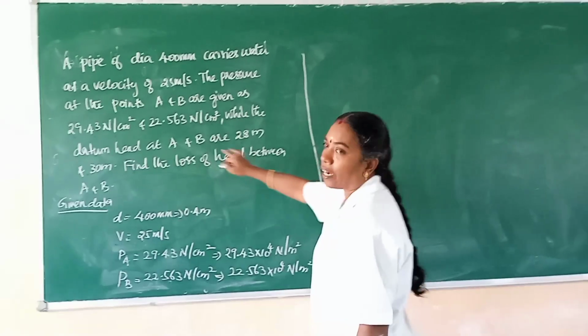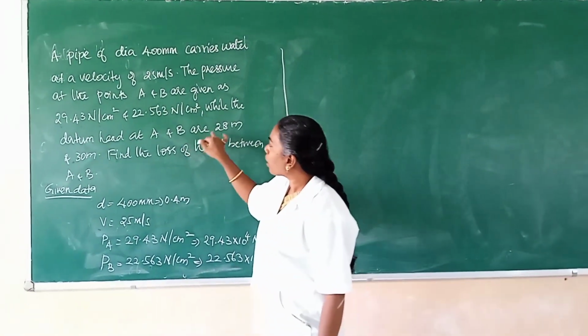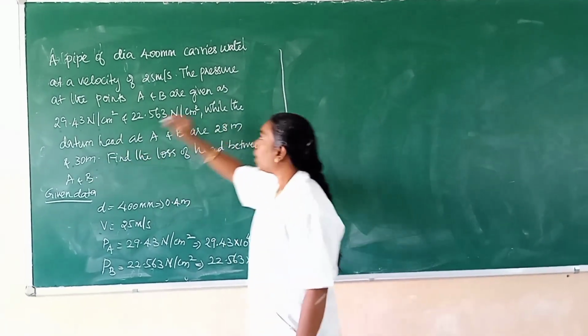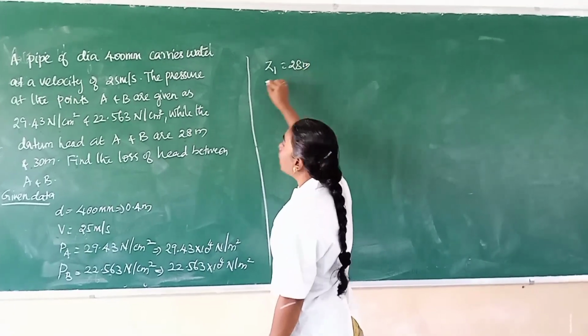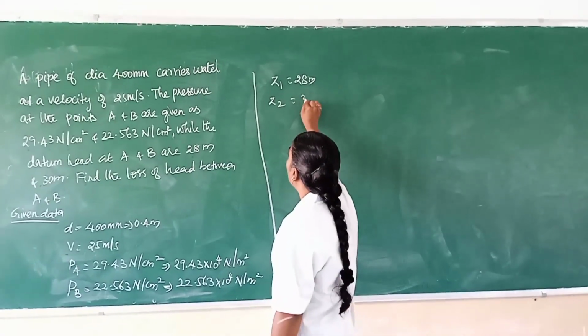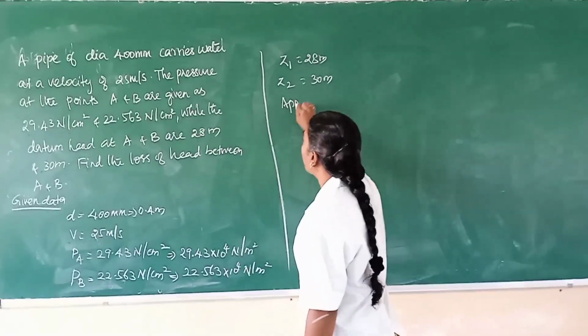Okay, then what are the data given? The datum head at sections A and B are given as 28 meter and 30 meter. That is Z1 is given as 28 meter and Z2 is equal to 30 meter. Okay, so now we apply Bernoulli's equation.